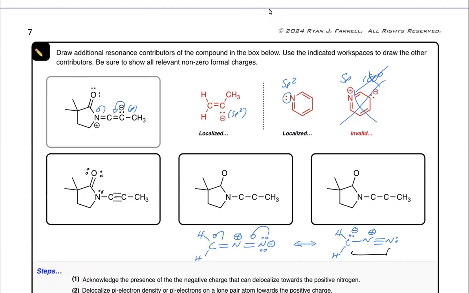All right. Now, the next thing that we can do is polarize this polarized pi system. When you have a polarized pi system like a carbon-oxygen pi bond or a carbon-nitrogen pi bond, we can take the electrons in that pi bond and shift them onto the more electronegative atom. As a result of that arrow push, the oxygen would be gaining an extra lone pair, taking on a formal negative charge, and the carbon gave up electrons.